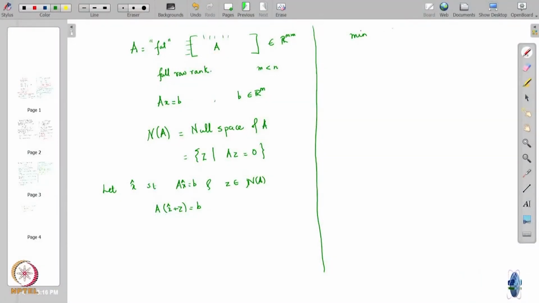The problem there is to look at, amongst all solutions x of the system of equations Ax equal to b, the one which has the least norm. So, x transpose x, that is the same as norm of x whole square.